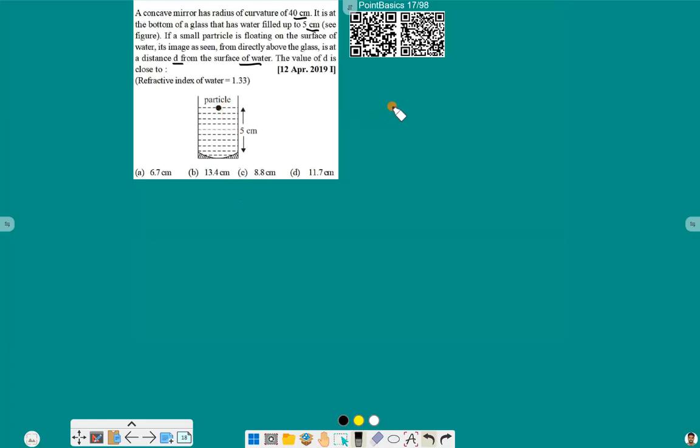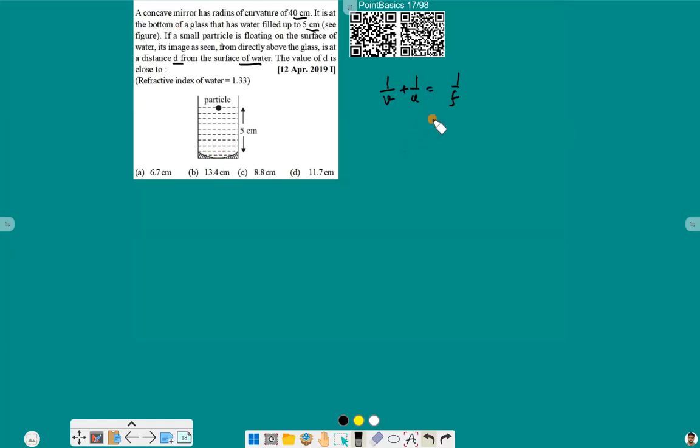So first we have to use the mirror formula. That will be 1 by v plus 1 by u is equal to 1 by f. Now the radius of curvature of the mirror is 40 centimeter, so focal length will be 20 and it will be negative as it is concave.